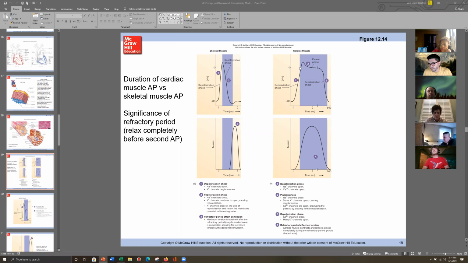So they take a lot longer, upwards of 500 milliseconds, half a second, as opposed to 200ths of a second, which would be even less than the normal time it takes for a neuron for our skeletal muscles to recover through that refractory phase.